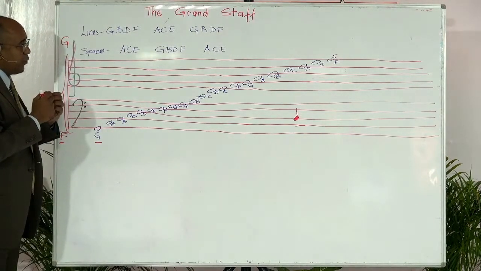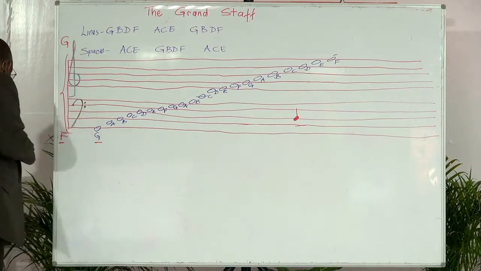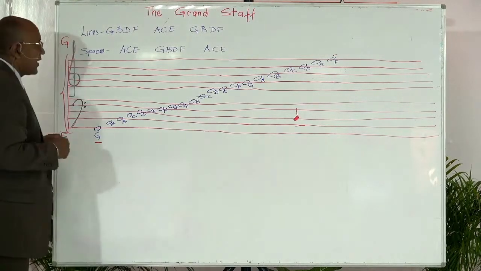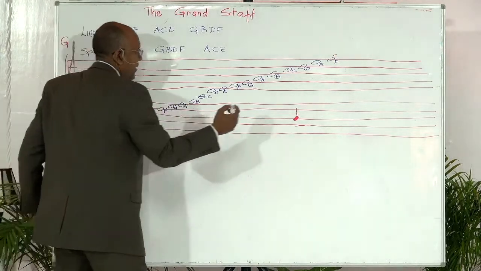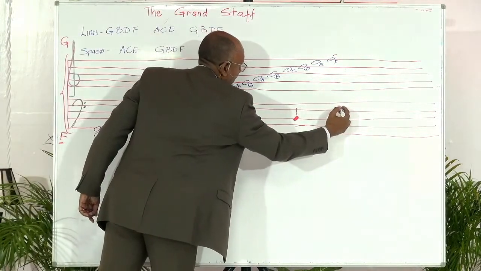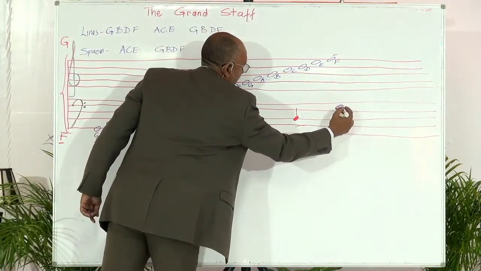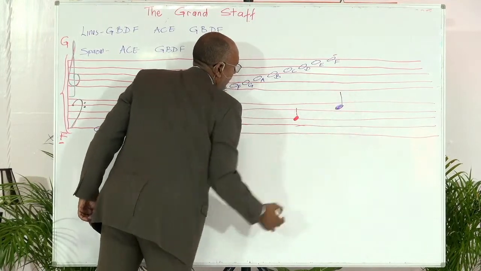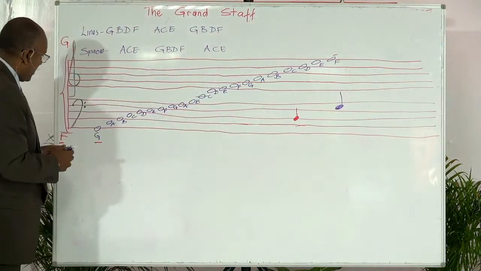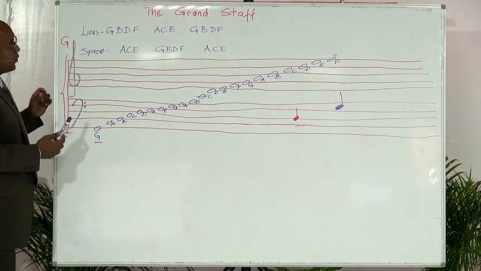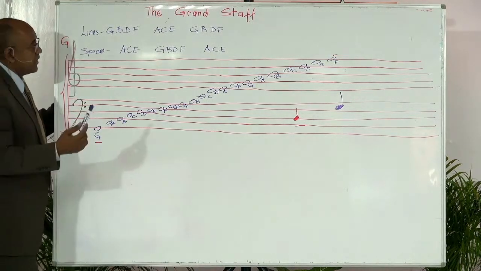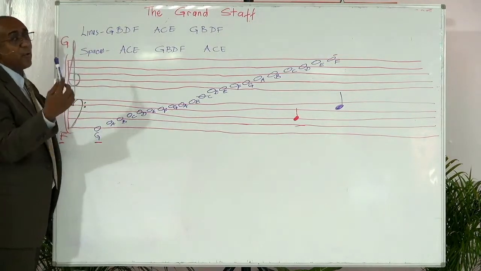Now, if we were to put a note in a space, let's choose this space right here. What we have to do is look at what the space is, how they count, how it is that we remember it.